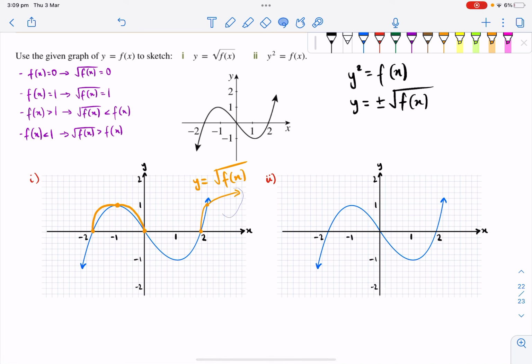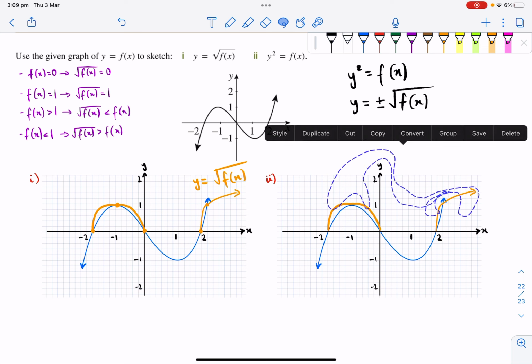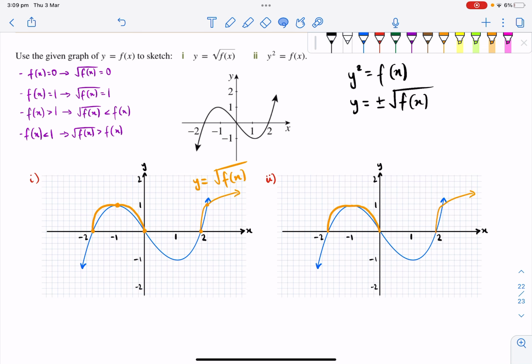I'm actually going to copy paste my results from the first question. Duplicate. I'm going to paste it right there. Just need a bit more accuracy. There we go. And then I'm going to reattempt to draw these below.